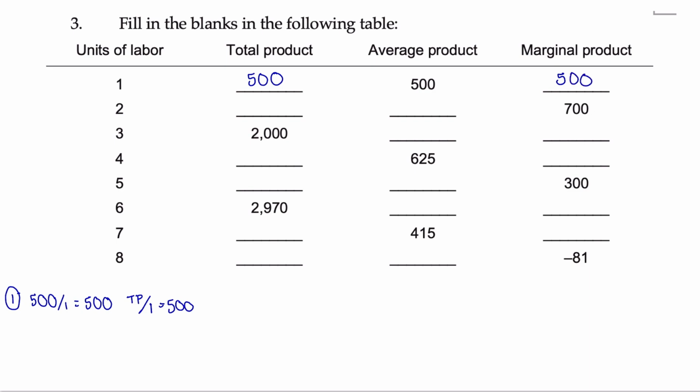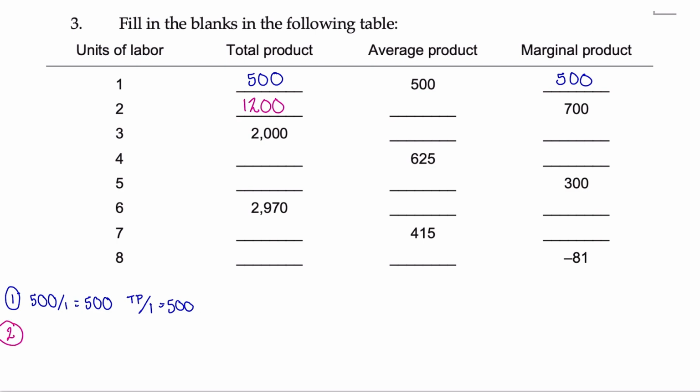If our marginal product is 700 on our second row, then this is going to be 1200. I wrote that in the wrong spot.